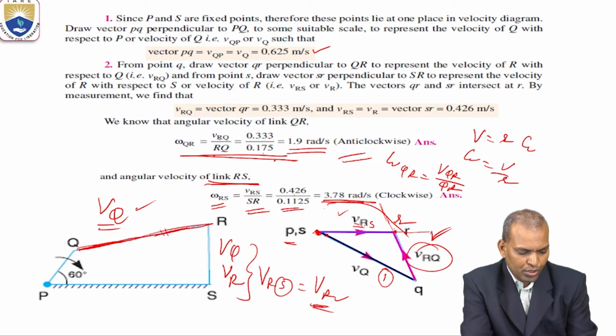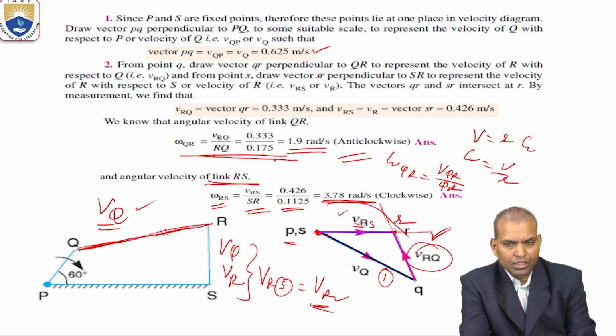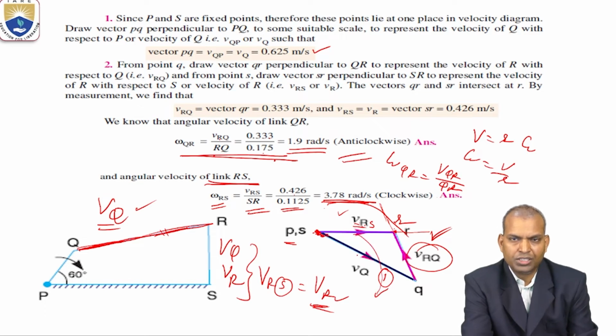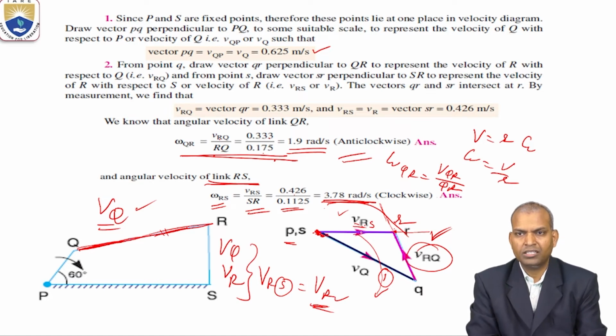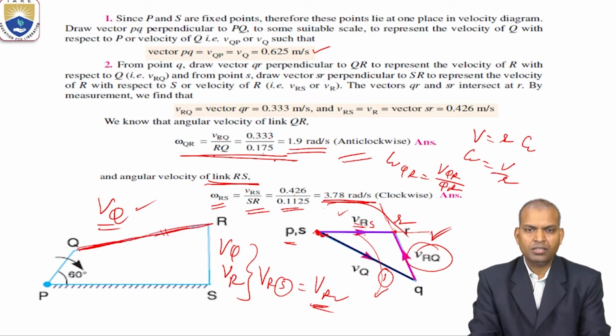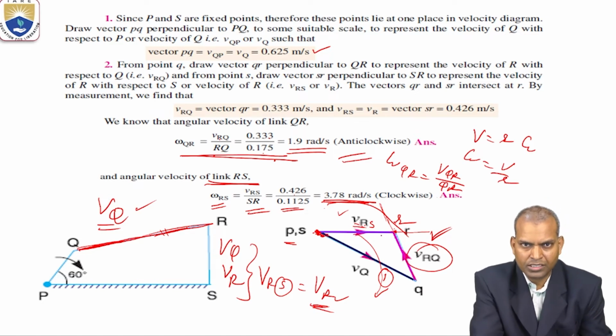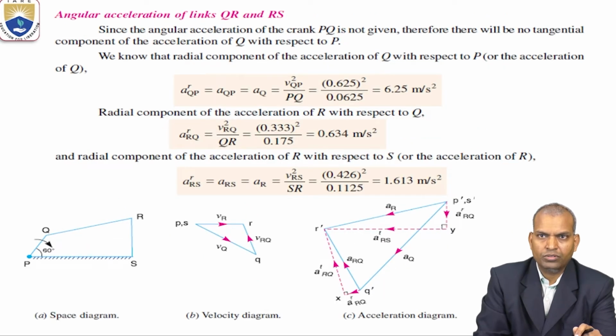Then it is 3.78 radians per second. Now this RS is moving with respect to S in this direction, clockwise direction. The direction of the angular velocity of the link RS is clockwise. The value is 3.78 radians per second. Okay, now those are the values.